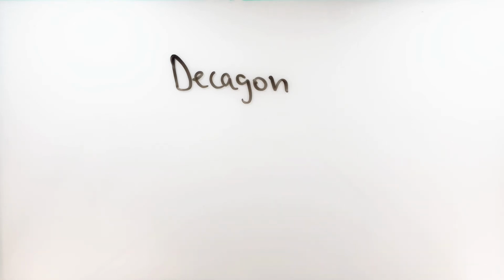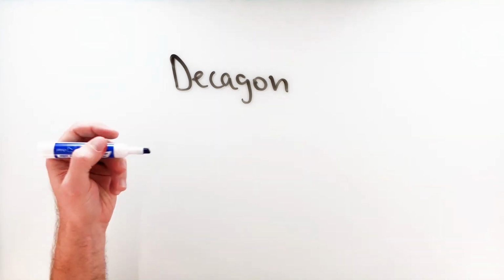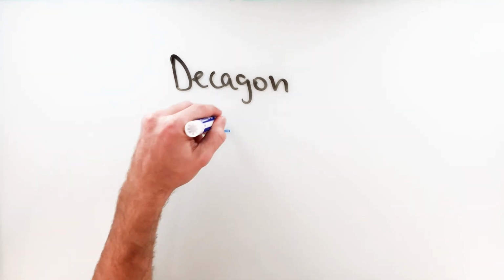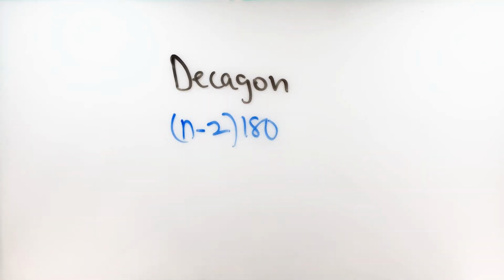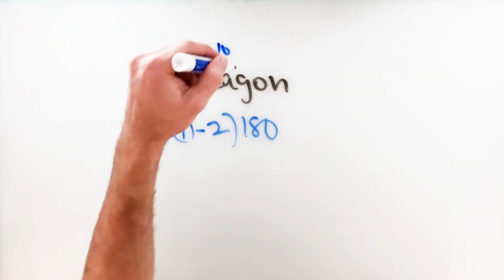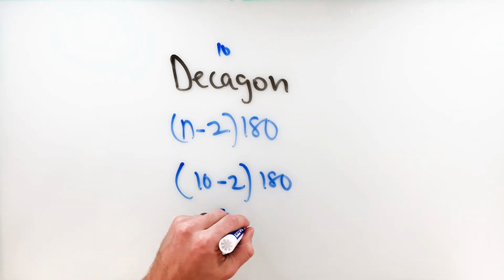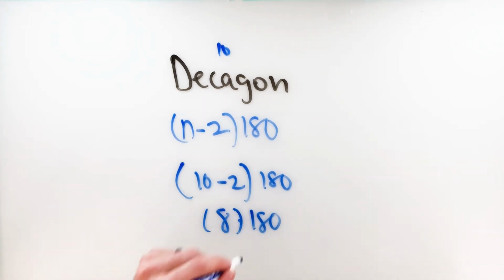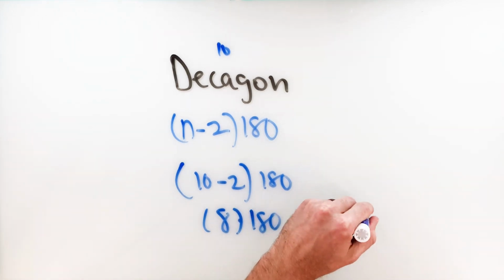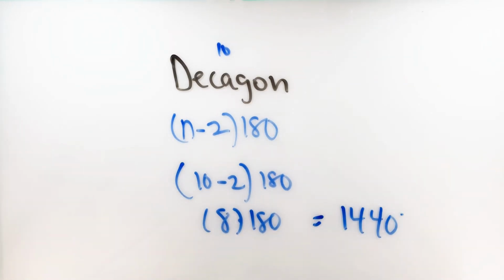So the sum of all the interior angles in a decagon is as easy as using your formula: number of sides minus 2 times 180. Plugging in the number of sides, a decagon is 10, 10 minus 2 times 180 is 8 times 180, and if you multiply 8 times 180, you get 1,440 degrees.